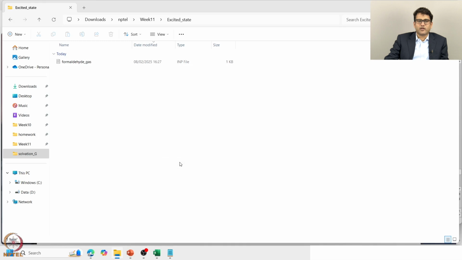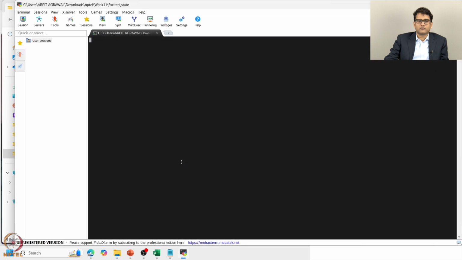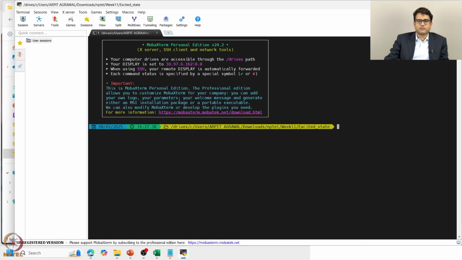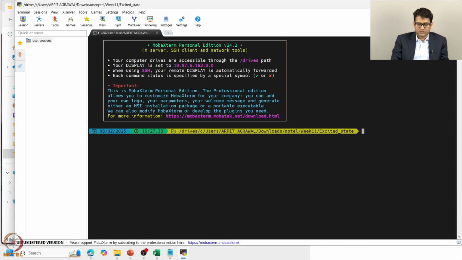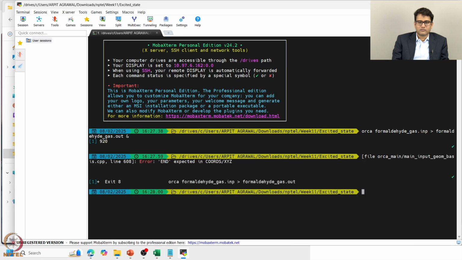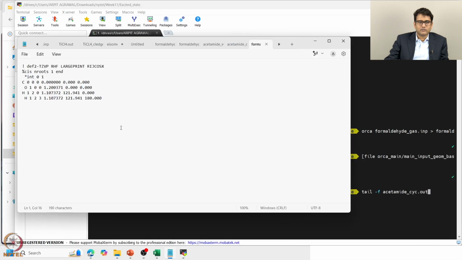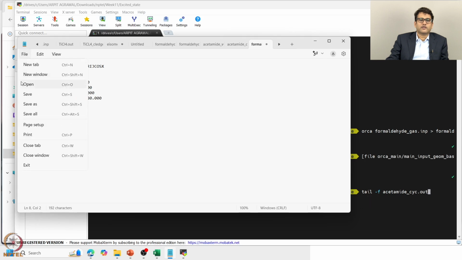Let's open the MobaXterm terminal. Okay, we have not ended the output file with the star.